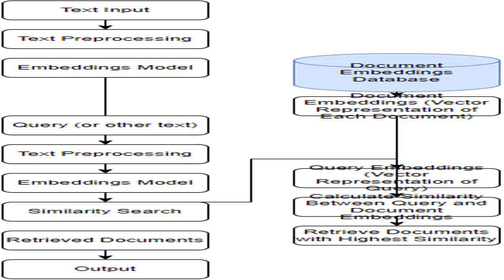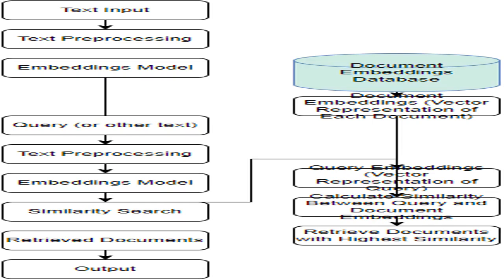Embeddings model converts text into numerical representations, transforms text into vector representations, known as embeddings, allowing for similarity comparisons. Preprocessed query text, preprocessed document text. Query embeddings, document embeddings.